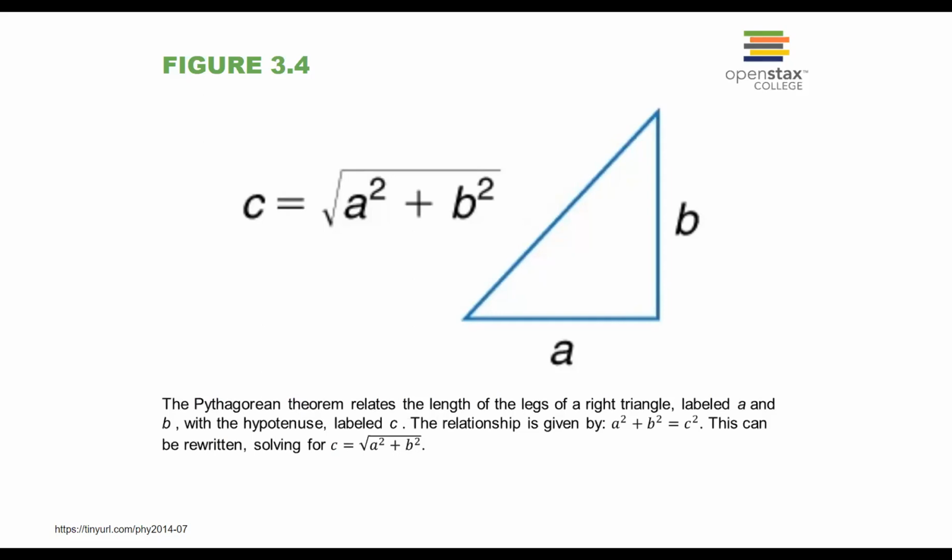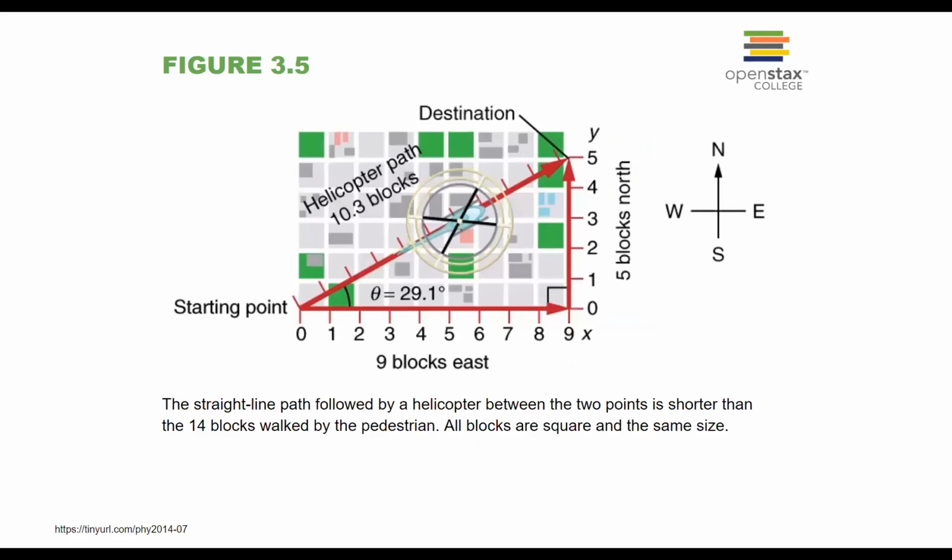Then you can use the Pythagorean theorem to determine the displacement, the length of it, which is the hypotenuse of this right-angle triangle. In this case, specifically, if you go 9 blocks east and 5 blocks north, the Pythagorean theorem gives you 10.3 blocks for the magnitude of your displacement.